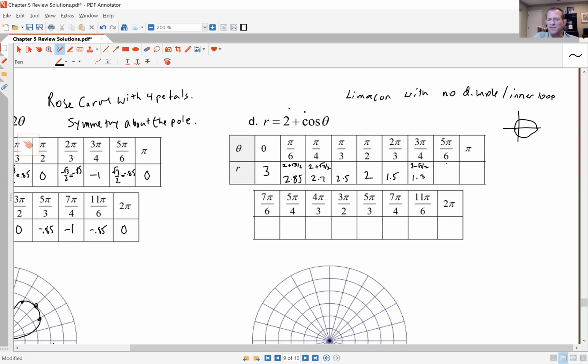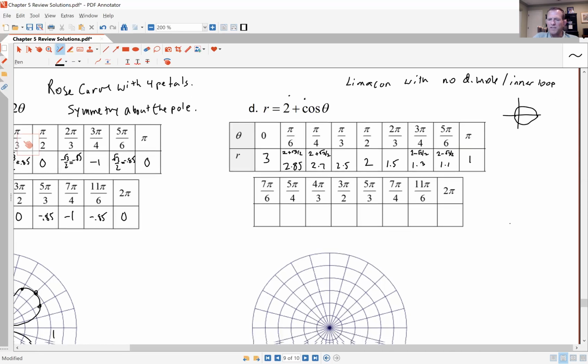And 5 pi over 6, cosine of 5 pi over 6 is negative root 3 over 2, or 2 minus 0.85 is around 1.1. We don't need to be exact, just close enough. Cosine of pi is negative 1. 2 minus 1 is 1.